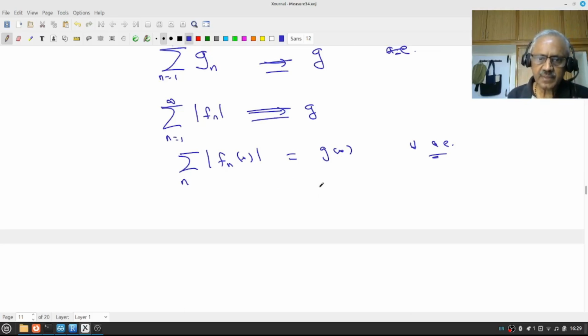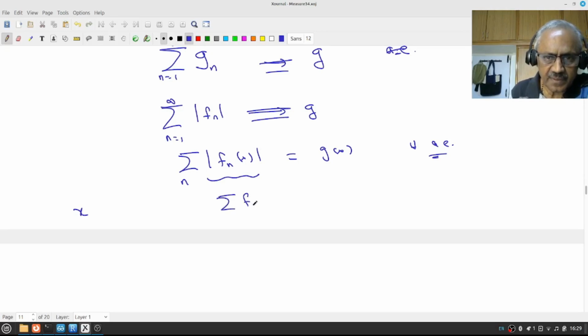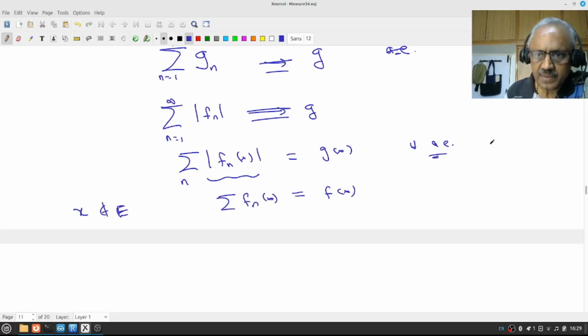Is that okay? Now, since this is a series, for each x where this is convergent, it is an absolutely convergent series. Therefore, it is convergent. Therefore, fn of x converges to f of x for all x not in the exceptional set, call it E, where mu of E is 0.